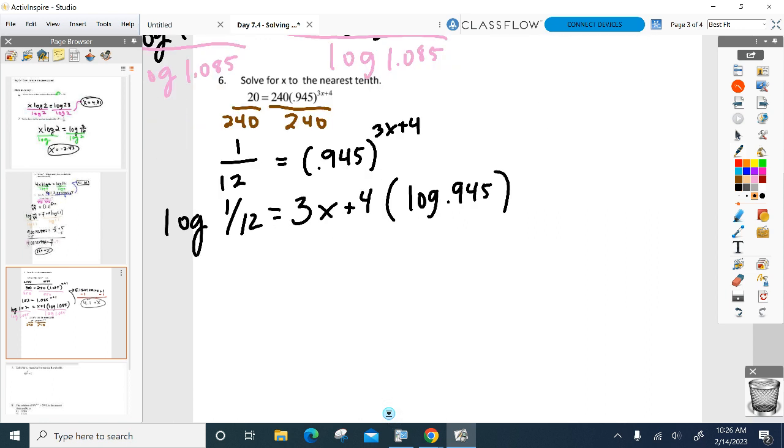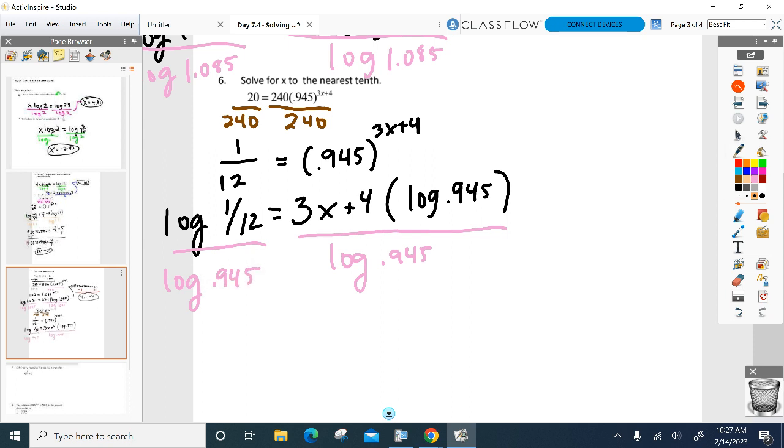All right, I keep preaching to you guys here. Get the log out first, right? Log out first, then deal with the former exponent. I'm getting about 43 here, and the rest of the decimal.